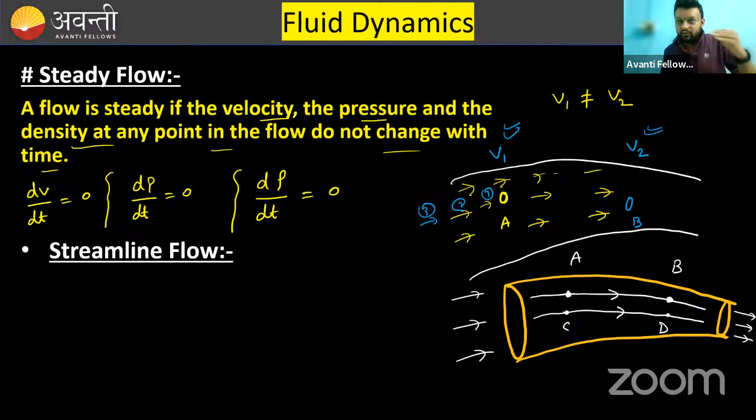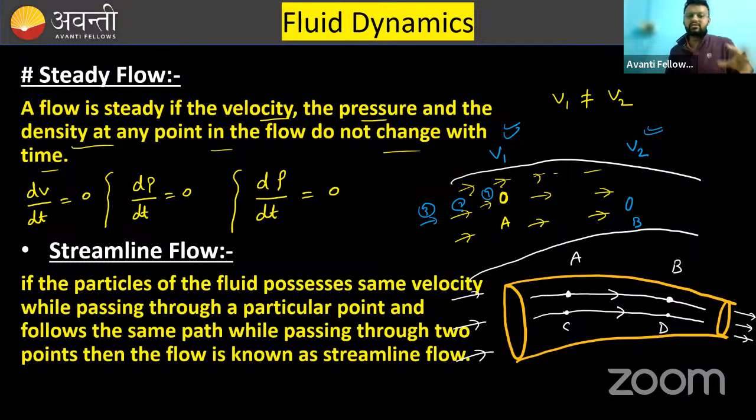So there are a few lines forming in the flow, and such flow is known as streamlined flow. If you want to see it in a definition form, this is the definition mentioned here. You can take a screenshot. This is streamlined flow.